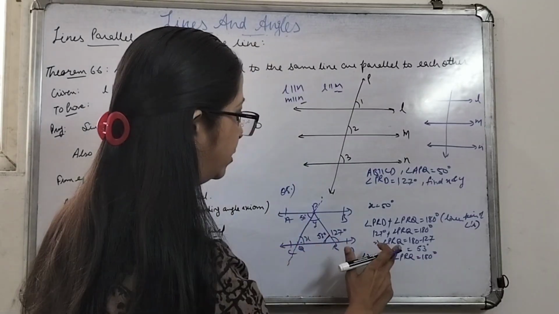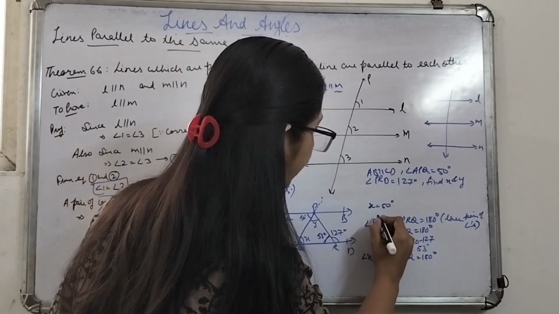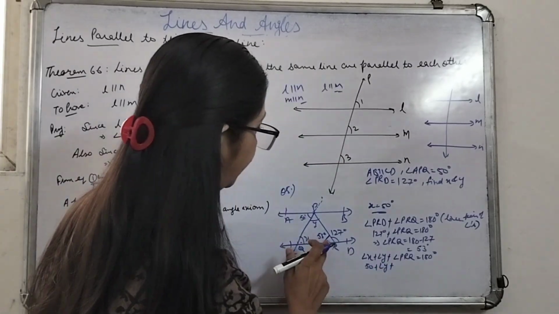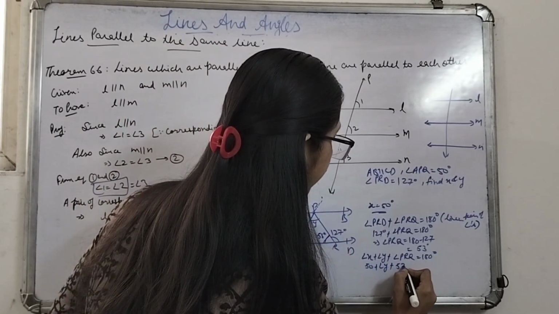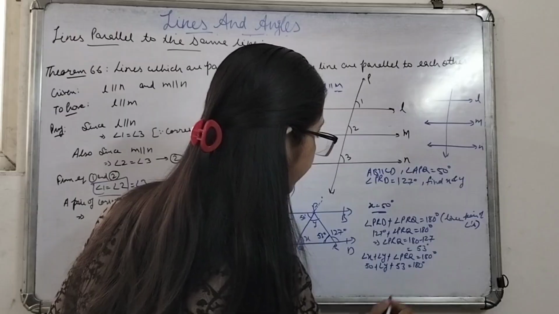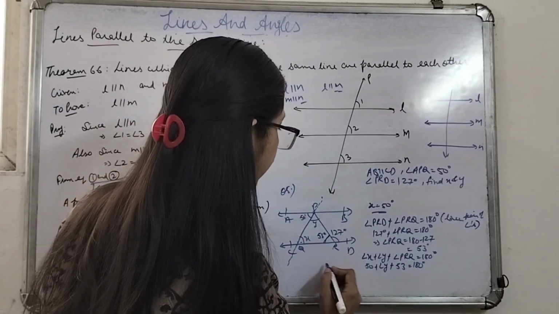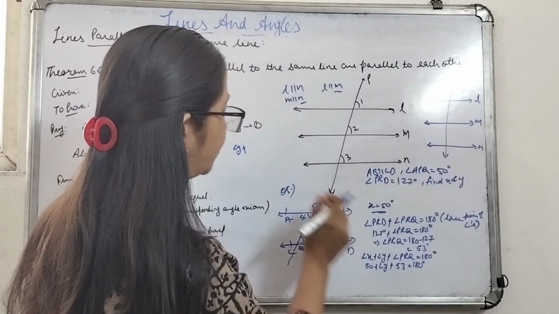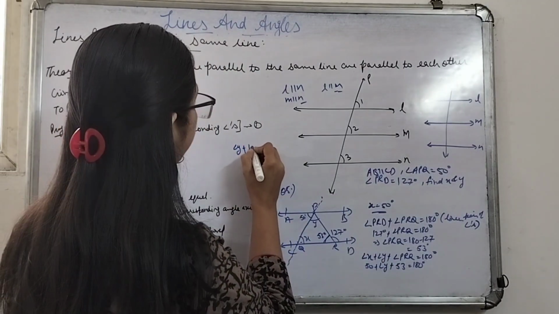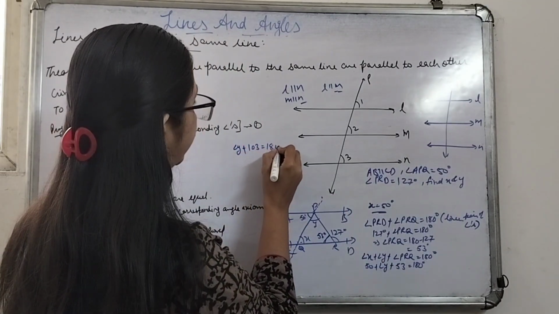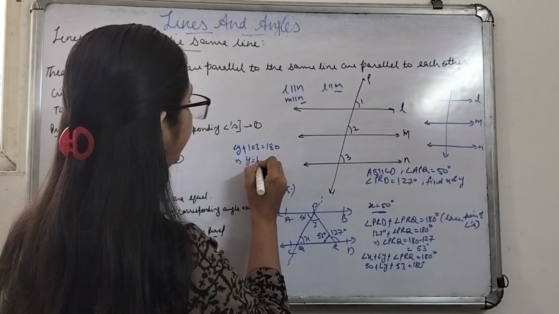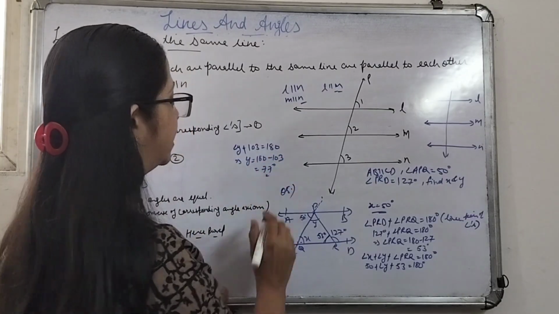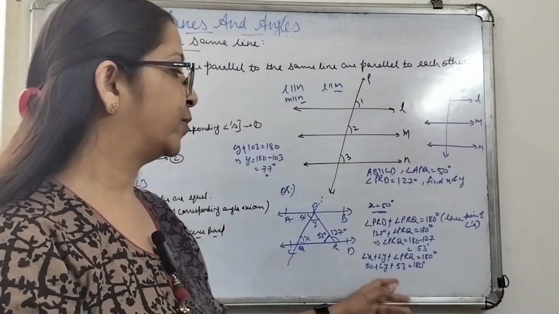Angle x is 50 degrees, just now we have proved it. 50 plus angle y plus angle PRQ is 53 degrees, it is equivalent to 180 degrees. Now angle y plus 50 plus 53, it will be 103 degrees. It is equivalent to 180, and we can say y will be 180 minus 103, that is 77 degrees. So this is how we can find it out.